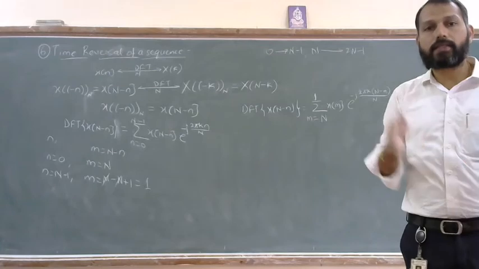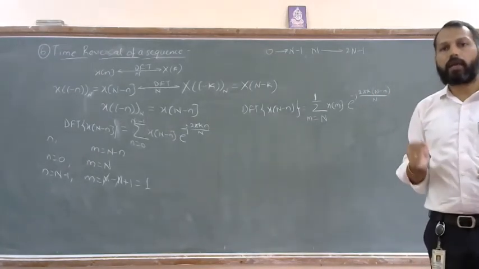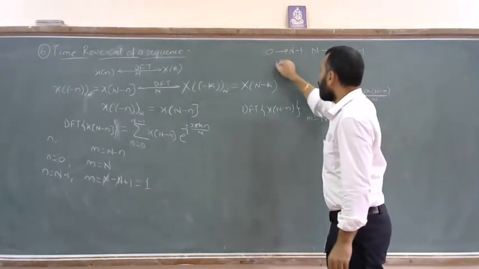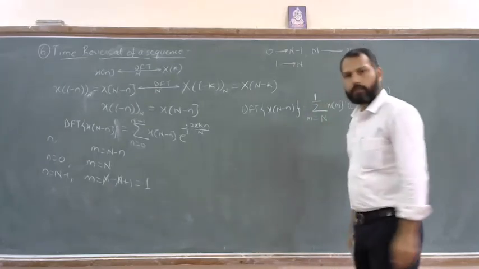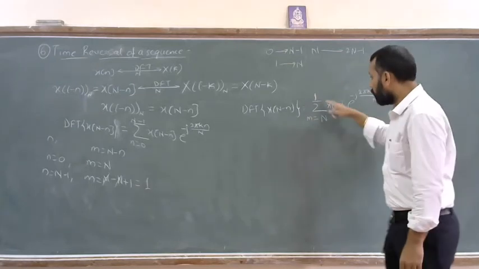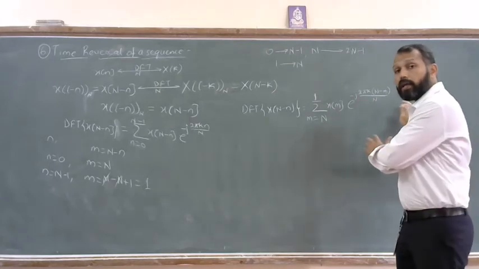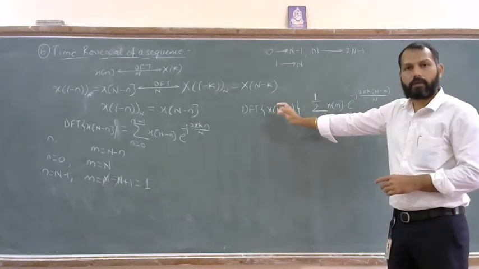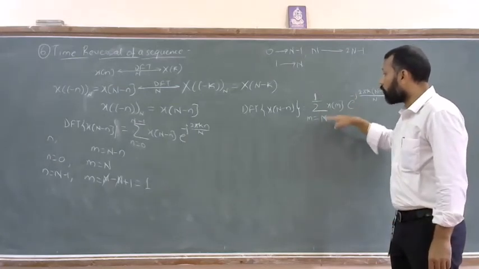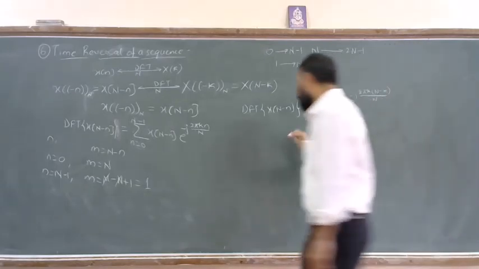All that matters is that the number of DFT points you consider should be equal to capital N. Now, instead of considering from 0 to N minus 1, I'll consider it from 1 to N. It is safe. Yes or no? So the limits 1 to N cover all the samples in the DFT. Because of that, there is no harm in changing the limits from 1 to N to 0 to N minus 1, because both have N number of samples.